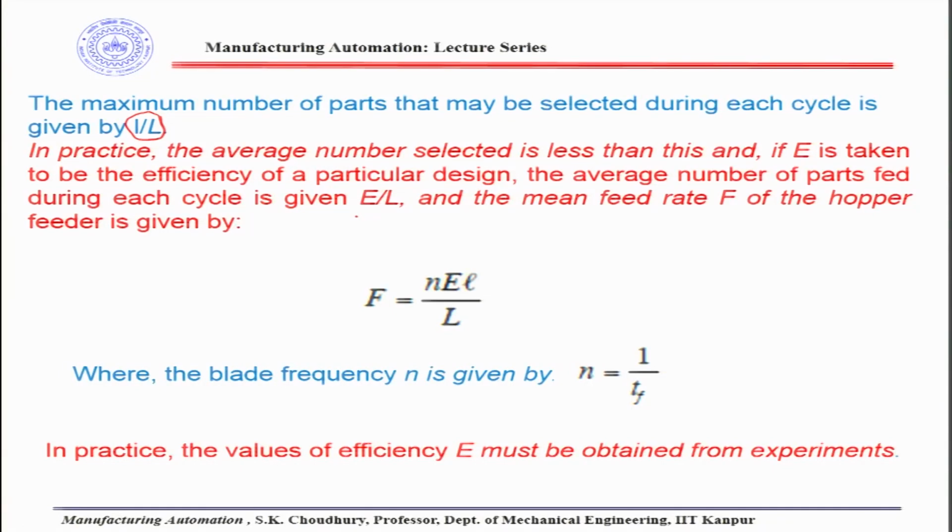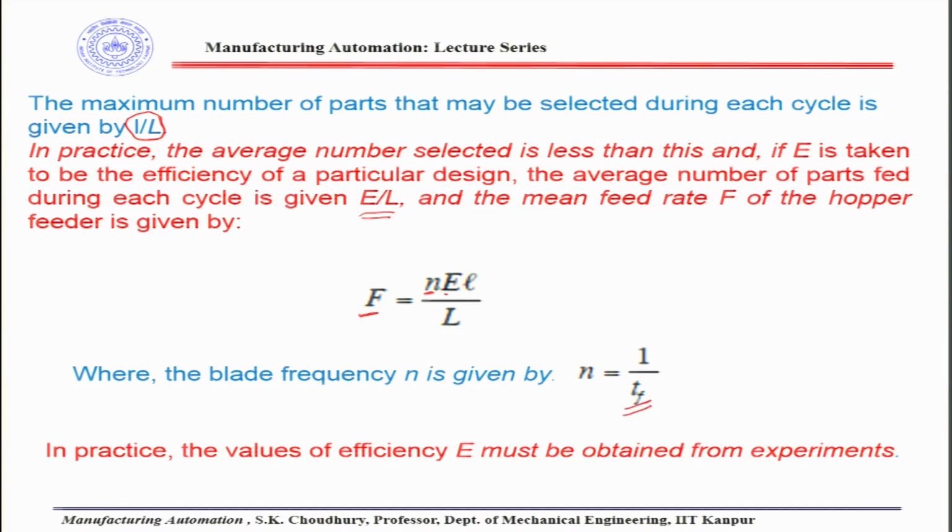Therefore, it has to be multiplied by that efficiency. So, the mean feed rate f will be equal to n, which is the frequency of the blade, times the efficiency times small l by capital L, which is the maximum number of parts coming on in one cycle. Now, the blade frequency n is given by 1 by Tf. Frequency is always 1 by time.